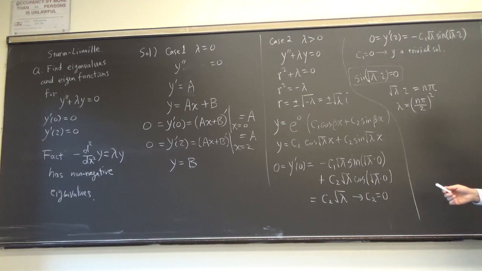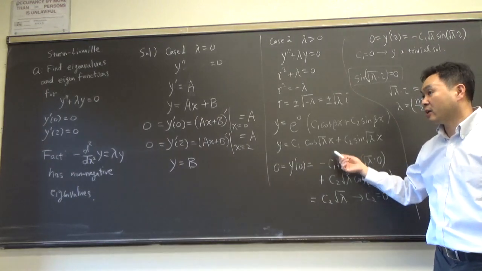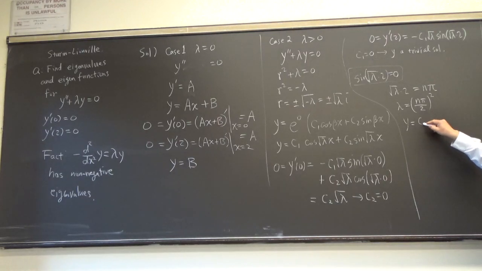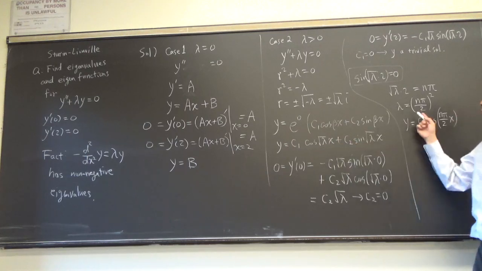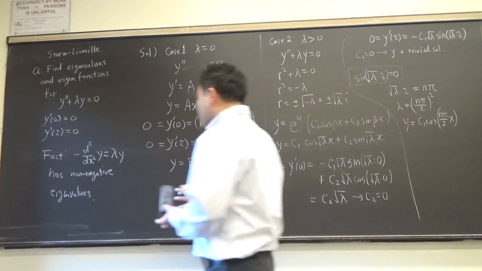And in that case, y equals c1 times cosine n pi over 2 x, because the square root of lambda would be just n pi over 2. Okay. All right, so we're done.